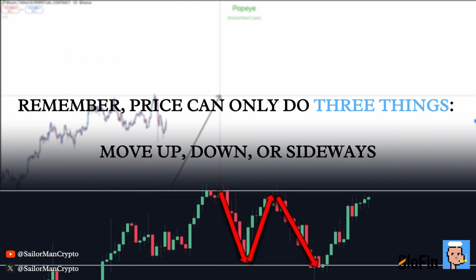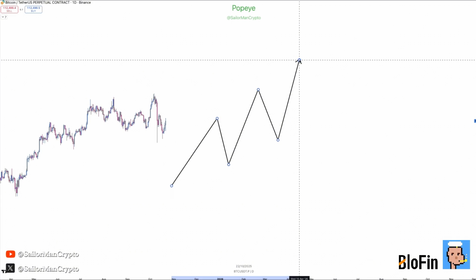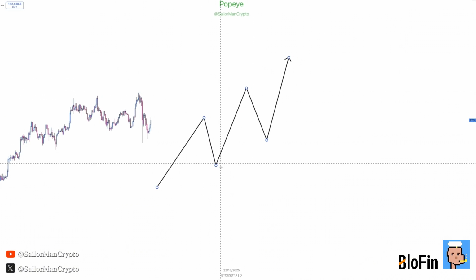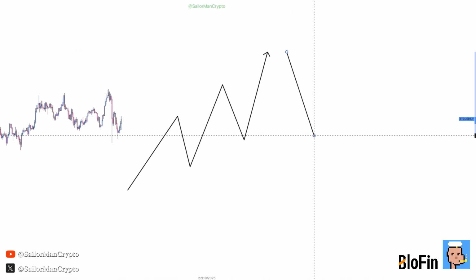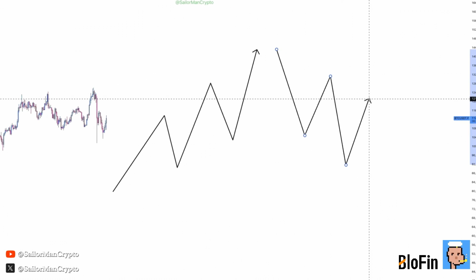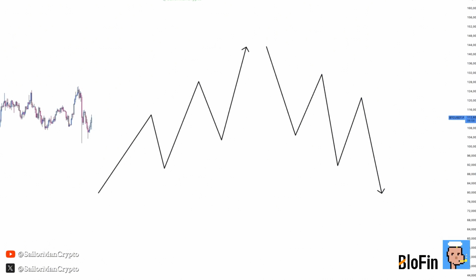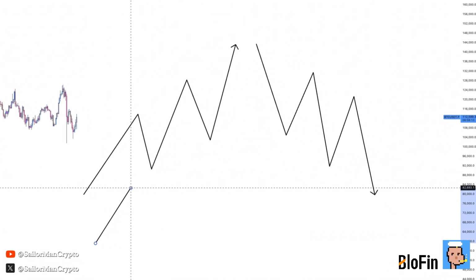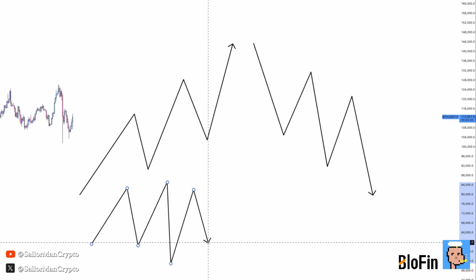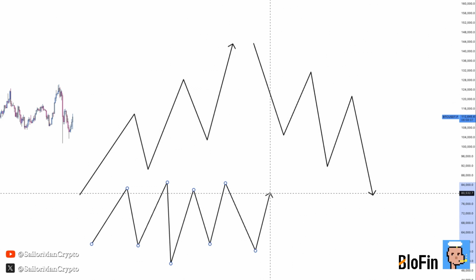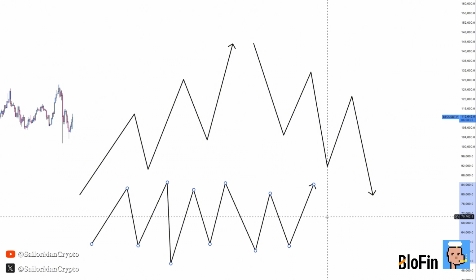That is uptrending, so when we clearly form higher highs followed by higher lows. It can downtrend, when the price is forming lower lows and lower highs. And it can range, so basically not doing any sort of proper structure, but going sideways in a range environment.